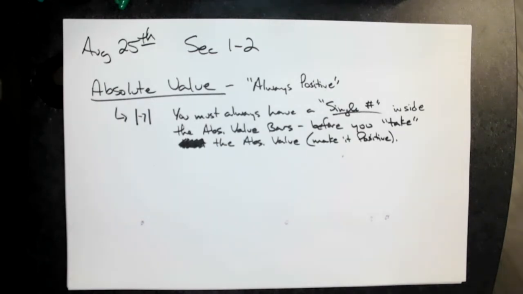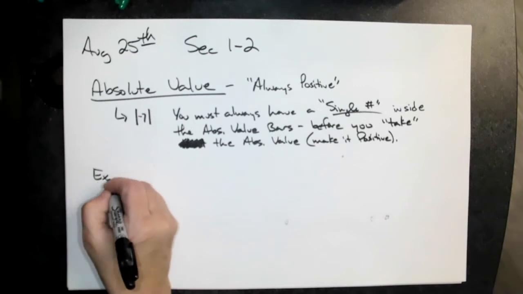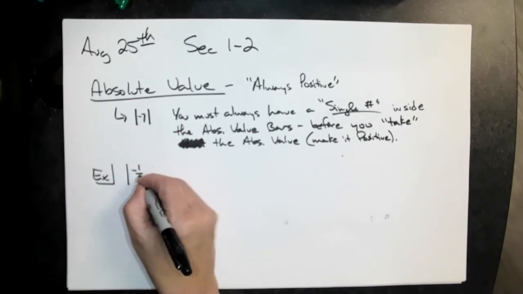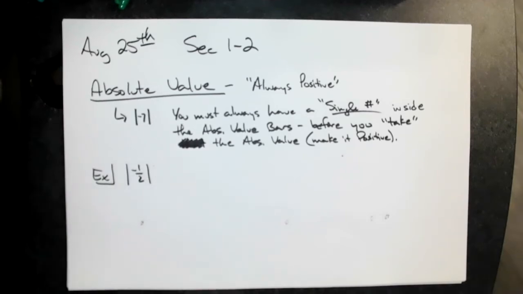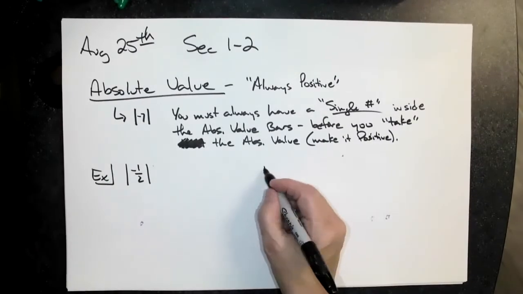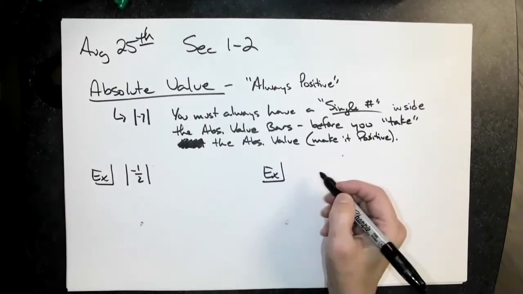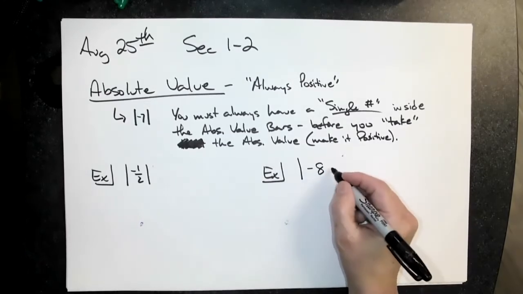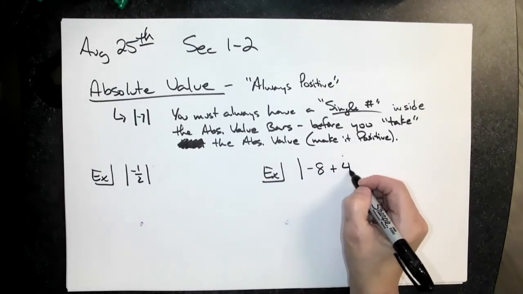All right. You always have to have a single number, because not all your problems will have a single number. So you might have to do some arithmetic on the inside first. So I could see problems like this. I could have absolute value of a -1/2. All right. That is already the way they gave it to you. It's a single number on the inside. Okay. Or maybe they have absolute value of, say, -8 plus 4.